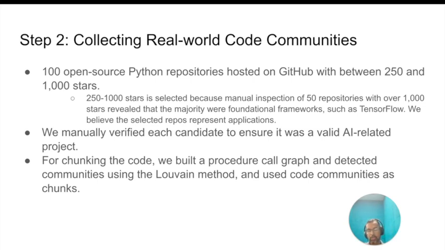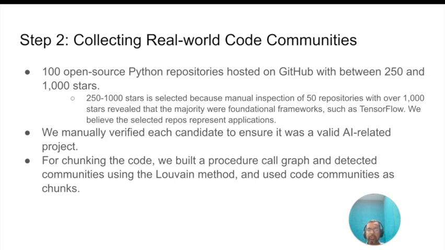Now, a repository is too big to detect an AI pattern, so we need to break the repository into small parts. We first tried to break it by files. That didn't work. We tried different things that didn't work.